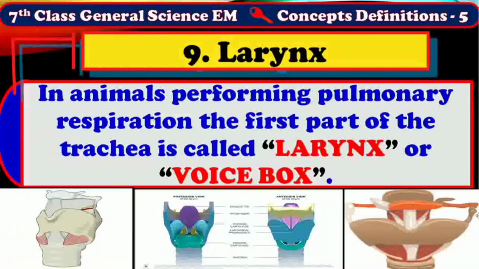These vocal cords or vocal folds vibrate during inspiration and expiration and produce sound. This sound is controlled by tongue, teeth, jaws, lips and converted into a meaningful sound which we call language.